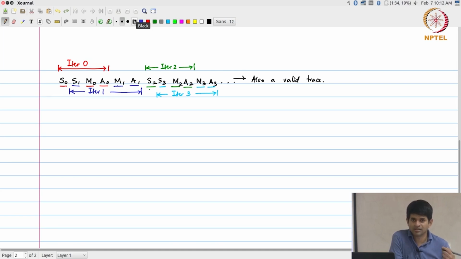So the first round of executions will all be associated with the 0th iteration, the second round of executions will be associated with the first iteration and so on. So it does not seem possible for iteration 1 to finish before iteration 0, but it can start before iteration 0 has finished, that much is clear.